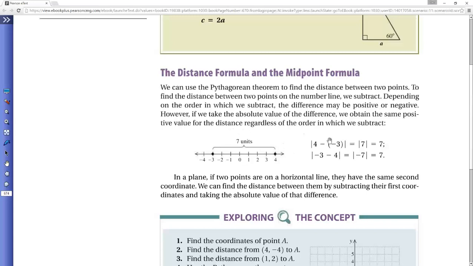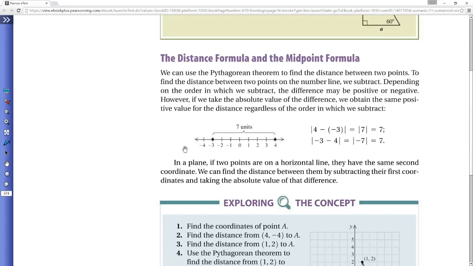And they're going to review some things like here. If I have a one-dimension thing where I have a number line, there's only x values, there's no y's, you know, there's no ordered pairs. If I want to get the distance between these 2 points, I take the absolute value of their difference.